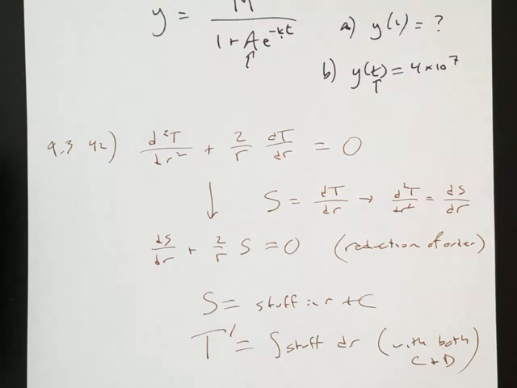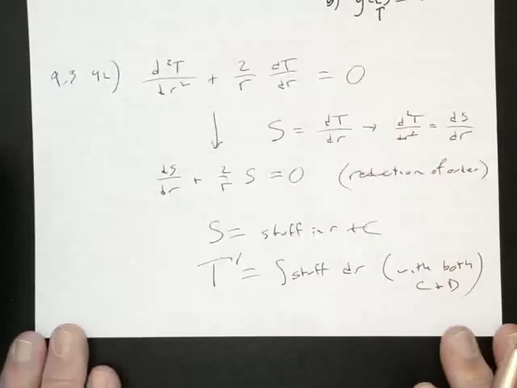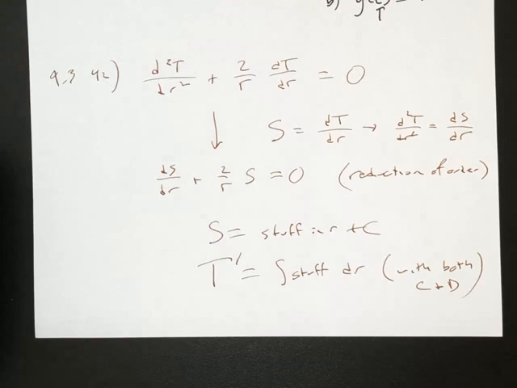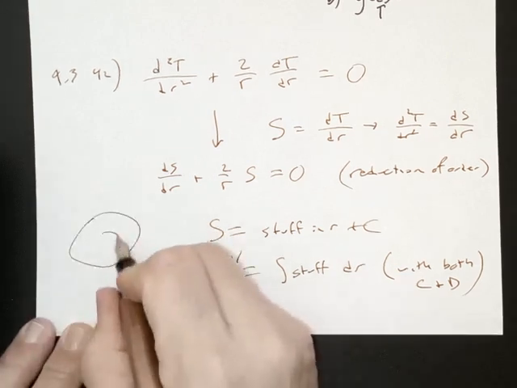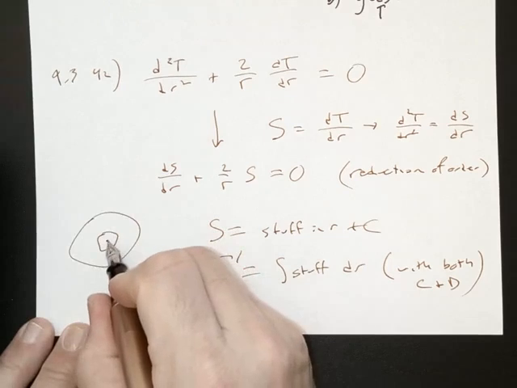In the problem, what do they tell me about T? That distance R from the common center of the sphere. Because I have two spheres, right?